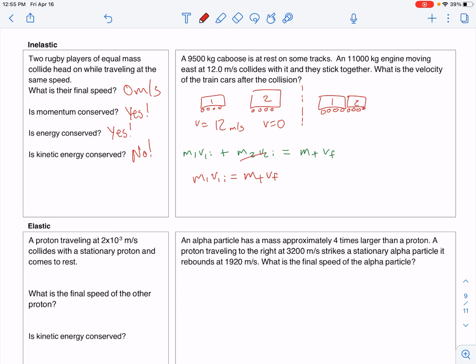Now, it's asking what is the velocity of the train cars after the collision, so I'm looking for this final velocity. We solve for that and end up with mass 1 times V1, the initial, divided by the total mass. So our momentum of our first train is going to be its mass times its velocity.